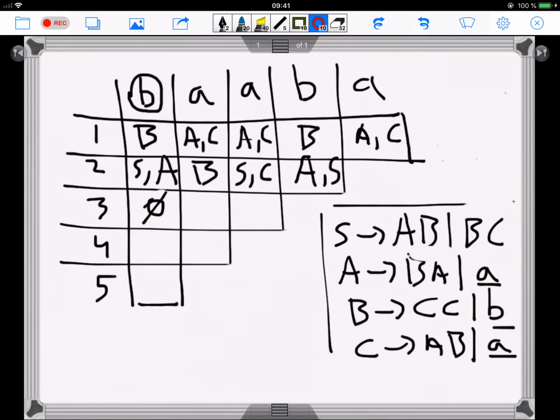So AS not generated, AC not generated, CS not generated, CC is generated by B. And the other possibility is to move closer in the column and away in the diagonal. And we would need a variable that generates BB, but there are no variables in the grammar generating BB.